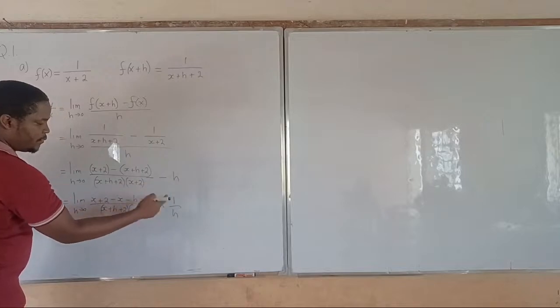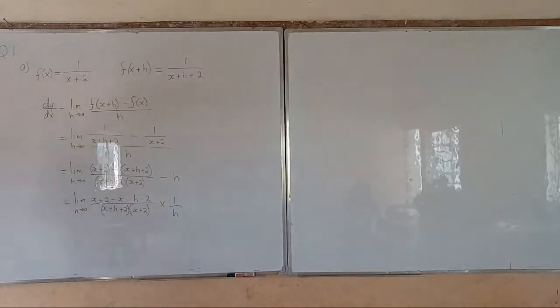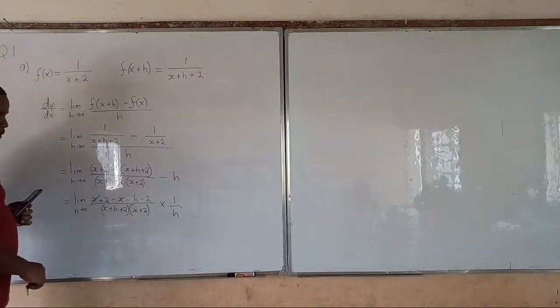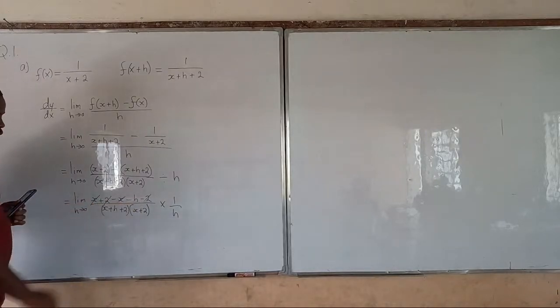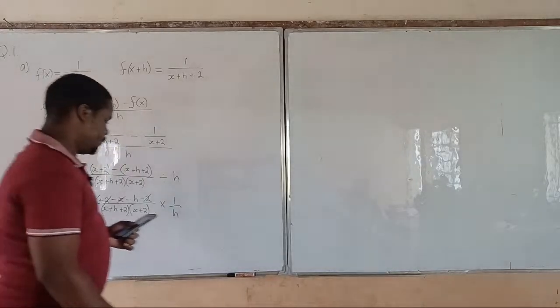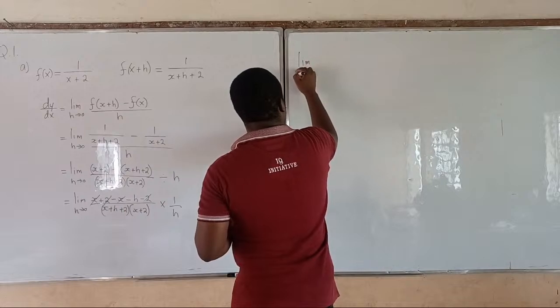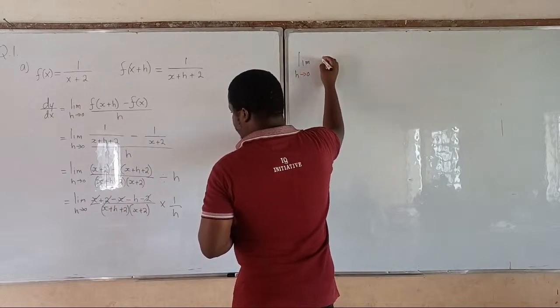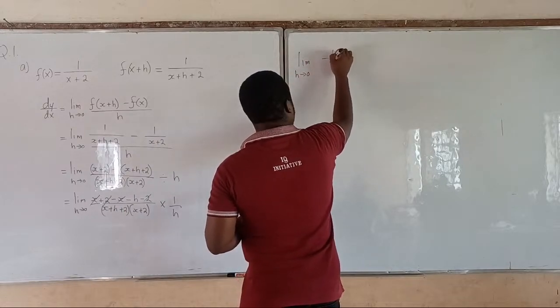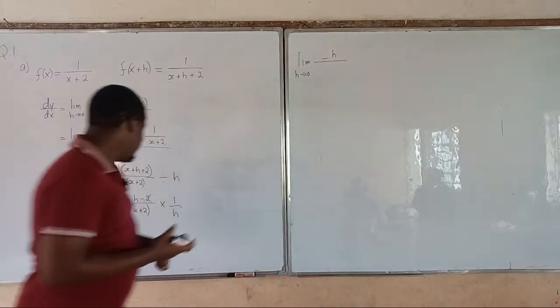Remember, dividing by h is the same as multiplying by the reciprocal. The x and the x can cancel. The 2 and the 2 can cancel. What do we remain with? The limit as h approaches 0, we just have negative h. That's the only thing remaining here.